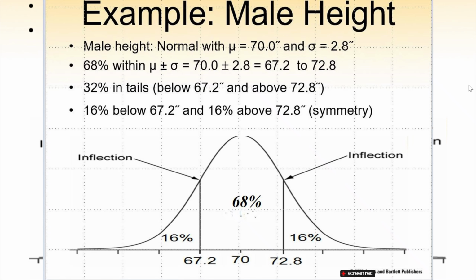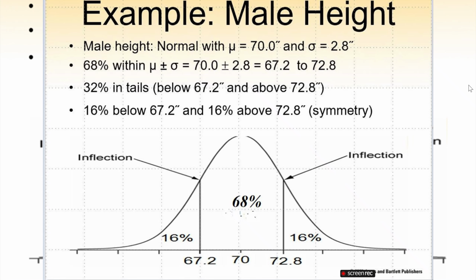And our 68% will lie between 67.2 and 72.8. Why? It now means that if we remove 68 from 100, we're going to have 32 left.